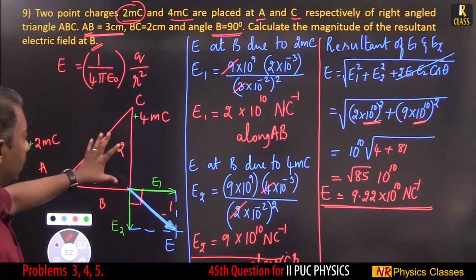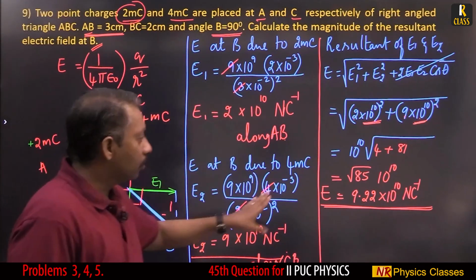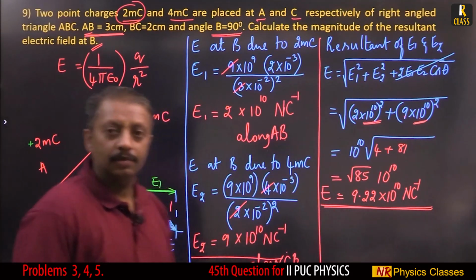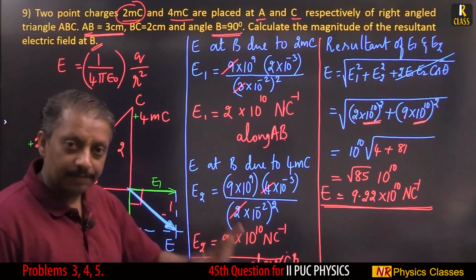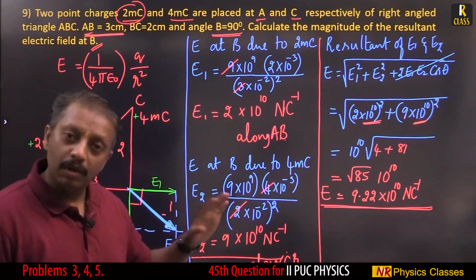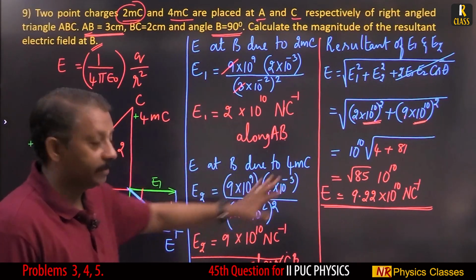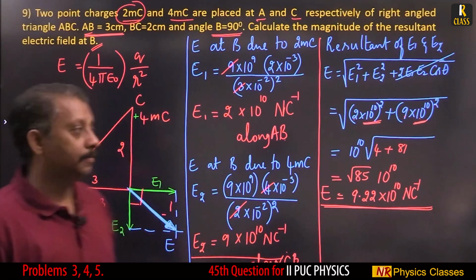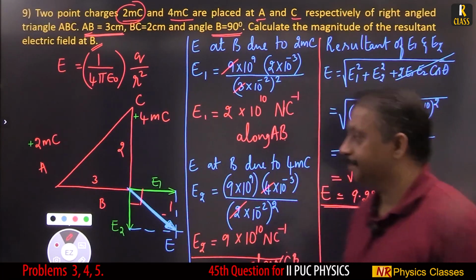See, formula 1 mark, diagram 1 mark, 2 marks, 3, 4 and resultant 5. So this is called the scheme of evaluation. If you skip any of these steps, remember you have lost that mark. So please make sure that you write neatly. Okay. Copy the solution, practice.